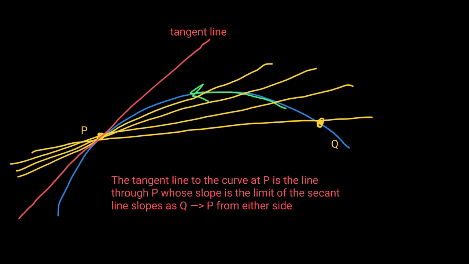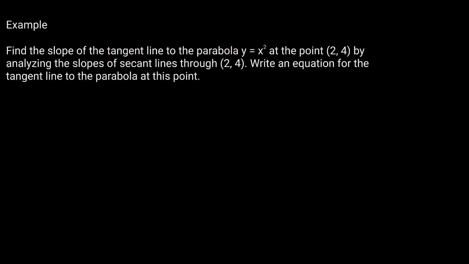Let's look at an example, shall we? Okay, folks, look at this example. Find the slope of the tangent line to the parabola y equals x squared at the point (2, 4) by analyzing the slopes of secant lines through (2, 4). Write an equation for the tangent line to the parabola at this point. So there's two things we need to do.